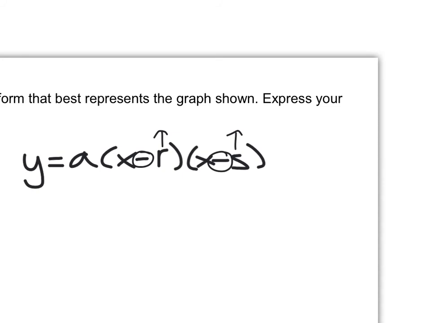So we're ultimately going to be replacing r and s with our x-intercepts. Then we're going to be replacing these x and y values with a point to be able to solve for a. A is going to be that tricky value, that stretch and compression, that up and down value that we need to solve for to finish off our equation.